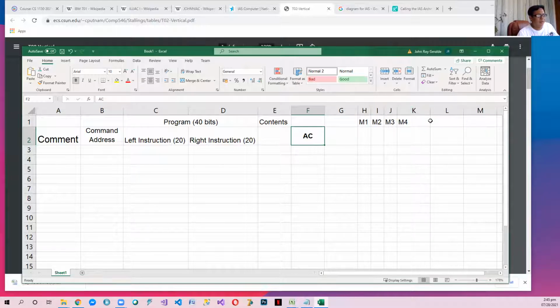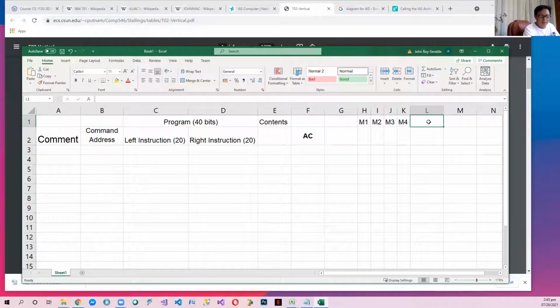I think we need an M5. No? And then we'll copy this.